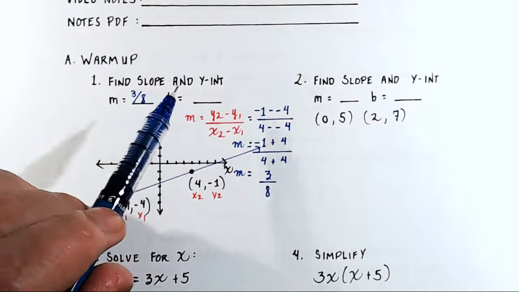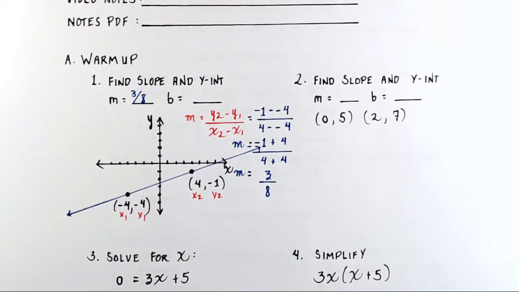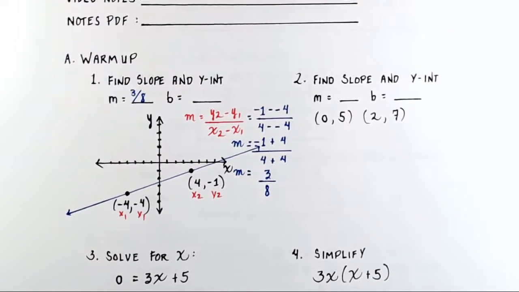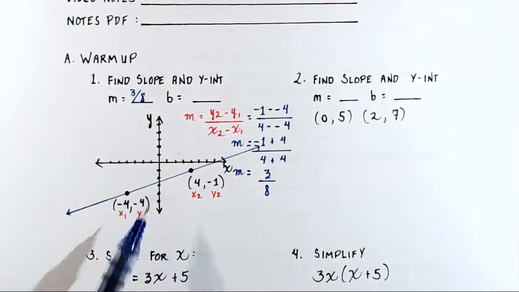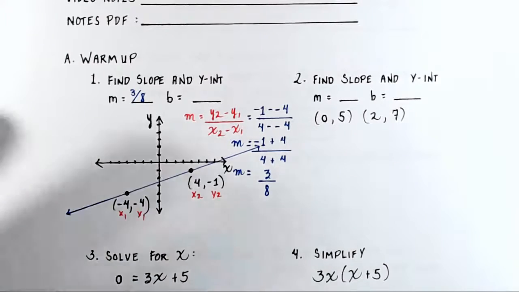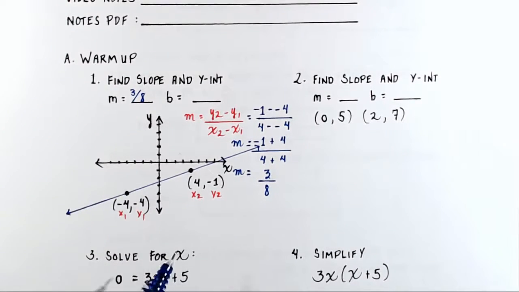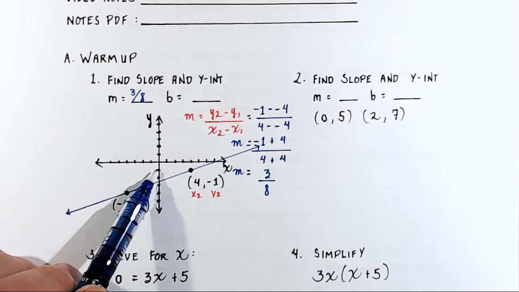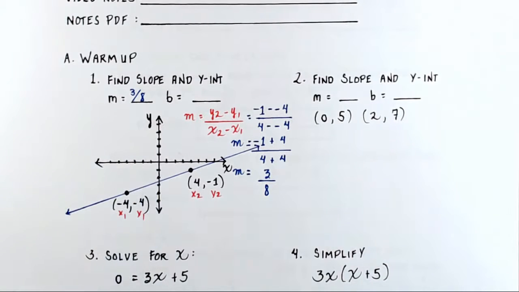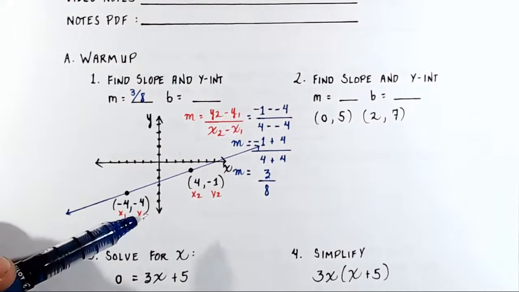What is the y-intercept? Okay, now we have to find out what the y-intercept is. And if we're just looking visually at this, and that's all we're doing right now, the y-intercept appears to be exactly halfway between 2 and 3. Okay, so that would be 2.5 on the negative side.